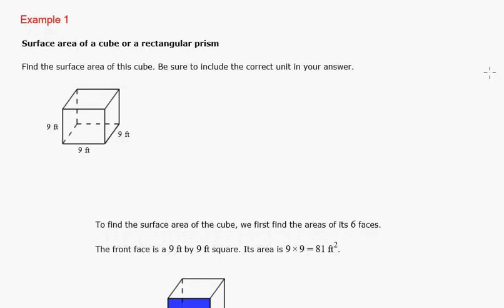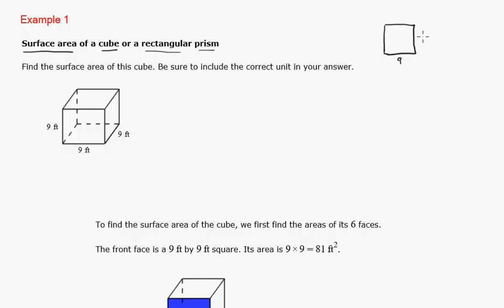What we're going to do with this topic is look at the surface area of a cube, or what we call a rectangular prism. So here's the problem. We have this cube, and when we say cube, it's like when we say a square, we mean that all the sides are equal.